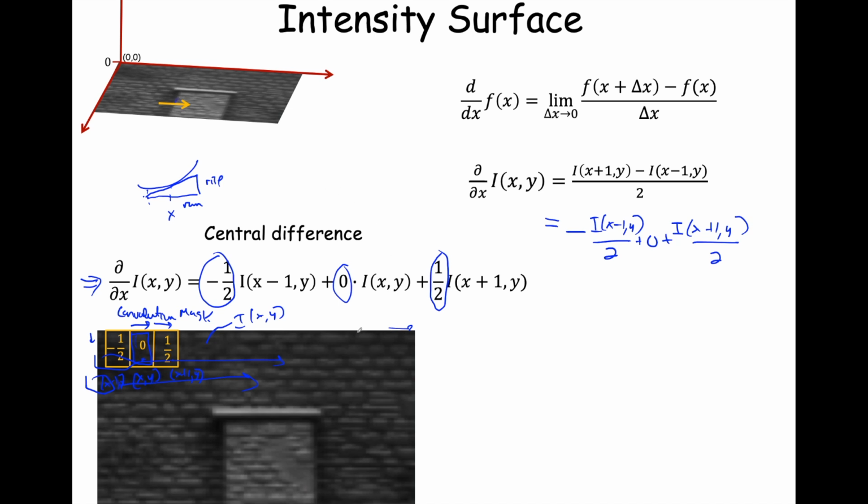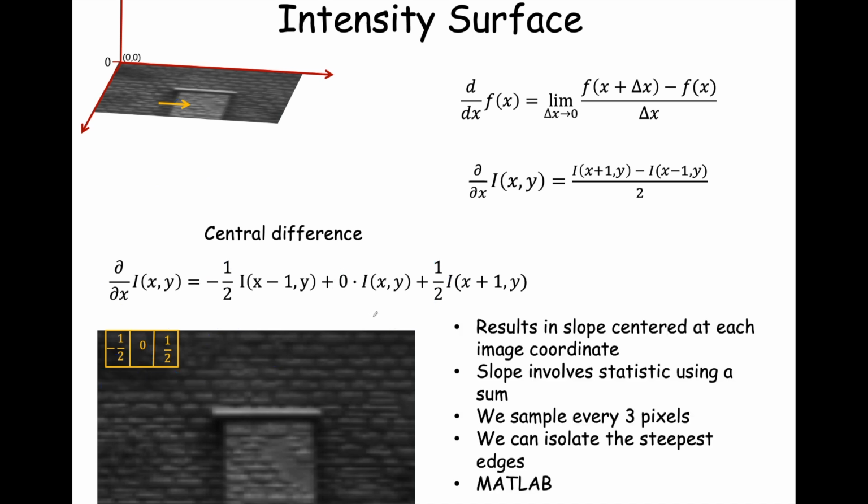Okay. Now, of course, if you have a central difference along x, you also have a central difference along y. Now, this results in a slope centered at each image coordinate, and the slope involves a statistic. This statistic uses a sum. It's this term added with that term, and we multiply by 1 over 2. In this sampling, the samples that we take are every 3 pixels.